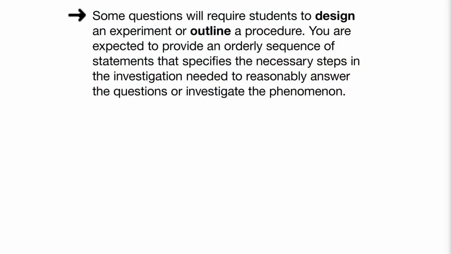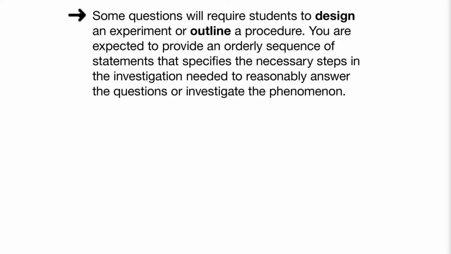And as I said, some questions will require you to design an experiment and outline a procedure. And so here you have to provide an orderly sequence of statements that specifies the needed steps to investigate some sort of hypothesis, to come up with an answer to the question that's being posed.